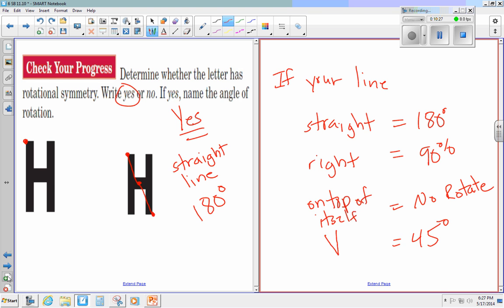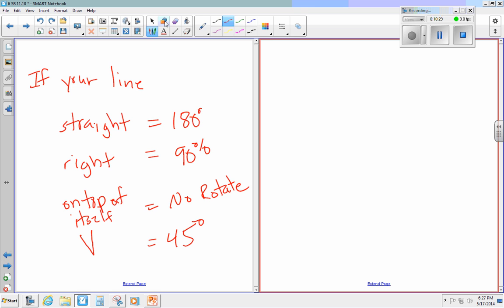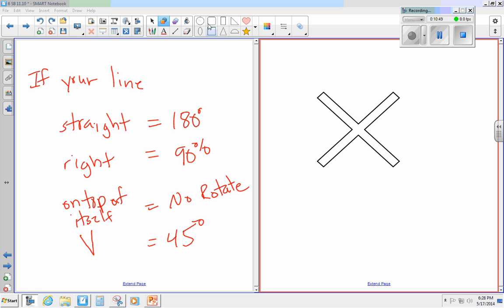All right, so I'm going to add an extra piece to here. Let's take a look at some shapes. Here's another shape. This is not part of your notes, but you should pay attention to it. All right, let's check to see if it has rotational symmetry.